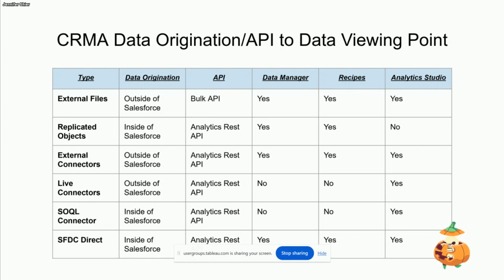Well, you're in your Salesforce instance, but let's say from CRMA to where your objects are stored in the metadata layers, and it's pulling the data back for your dashboard. It's not actually stored anywhere. It's just grabbing the data and showing it to you. So it's not in the data manager for you to use. It's not in recipes for you to use, but it is in your dashboard.